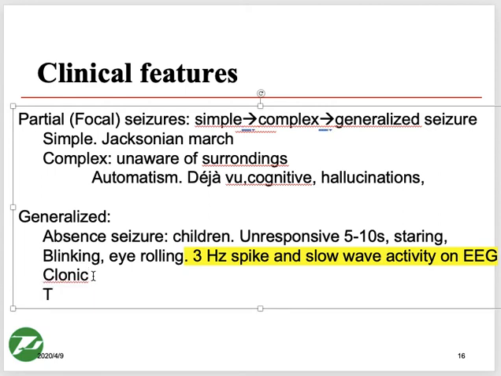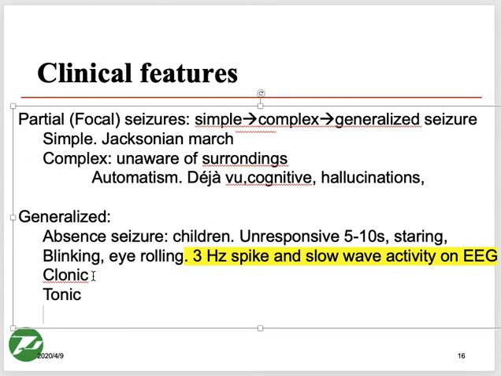And then I told you what is tonic: simply, there is muscle stiffness or rigidity. It could be in flexion or extension, like there's different body posturing. And tonic clonic is also called grand mal. So absence seizure is called petit mal, and tonic clonic is called grand mal.